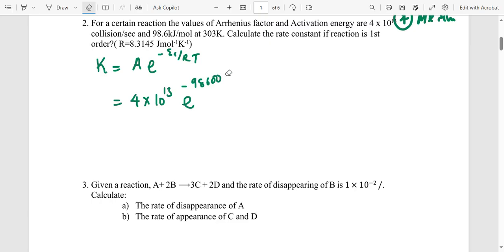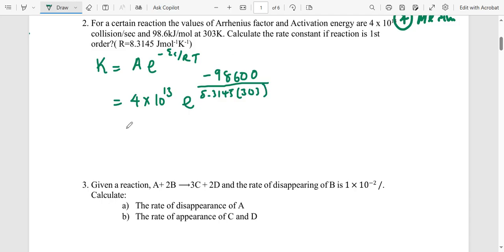Let me write this one properly. This is a power. I'm going to write 98,600. In the denominator, we have R. R is the universal gas constant, which is 8.3145. We are multiplying by the temperature. Temperature, please, should always be in Kelvin, and that is 303.